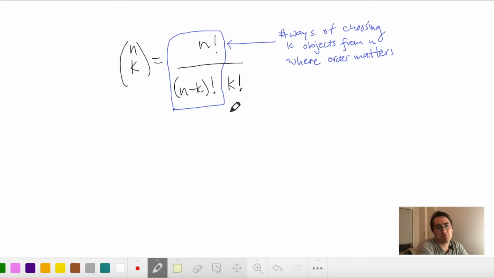It was always, in some respect intuitive, but hard to see exactly where it came from, was this k factorial factor. Now, most of the time, I think this was sort of explained away with an aside, something like, and then you just got to divide out by the permutations, right?